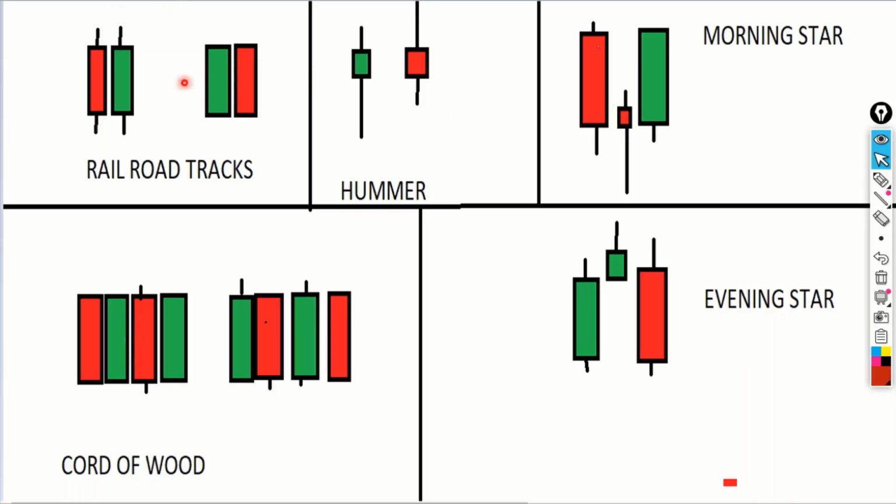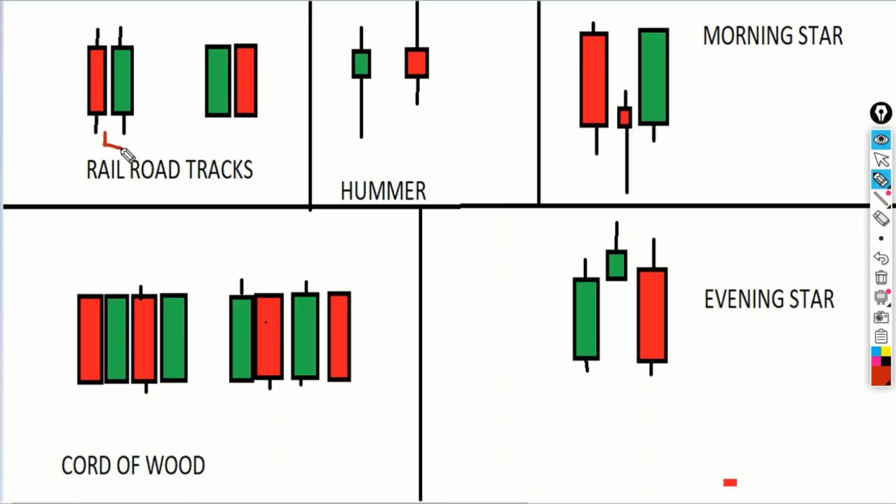This is a railroad track. As you can see, we have two equal bars at the high and two equal bars at the low. The hammer will appear anywhere, so let me label this for you.